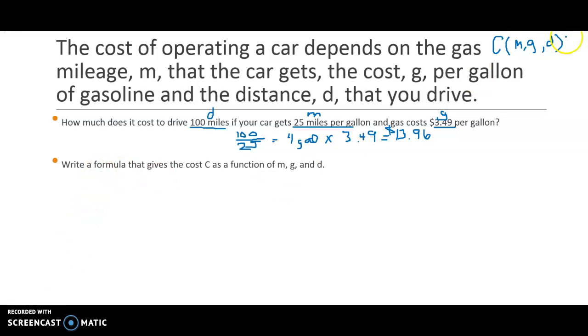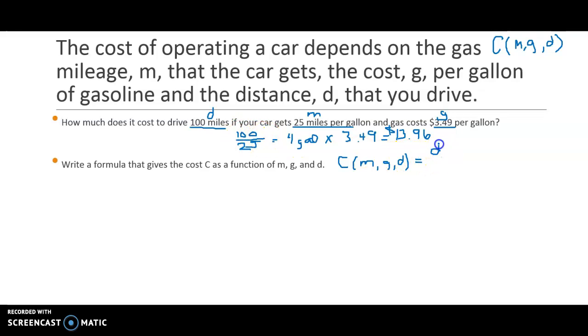Write the formula. Up here, just from reading, we have the beginning part. We're going to calculate the cost based on the mileage, the cost of gas, and the distance. So I want to look at the problem I did and figure out what I did with these letters. So the 100 miles was the distance, and I had that on top of a fraction.